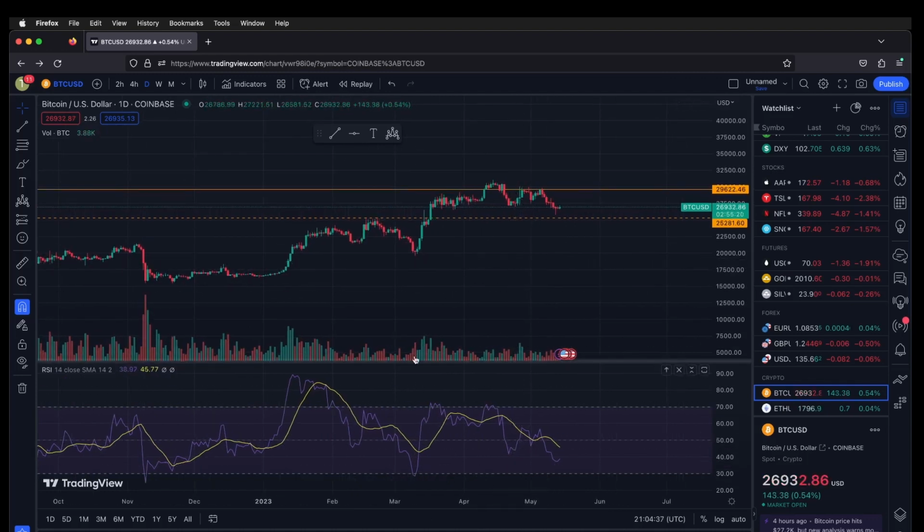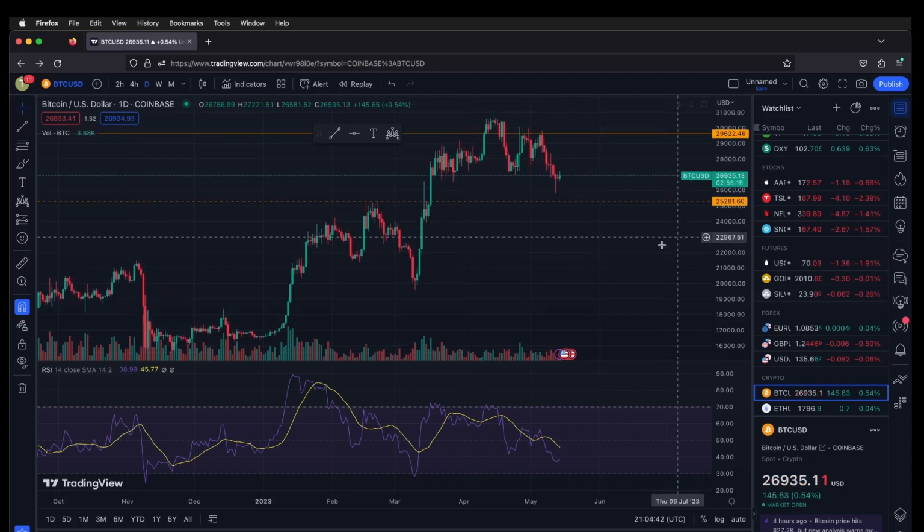So in the daily, we have the RSI. It's further down, almost oversold. So it looks like it's doing a little tick up here, but I don't know if it's going to hold. Like I said, I think it's coming down here.